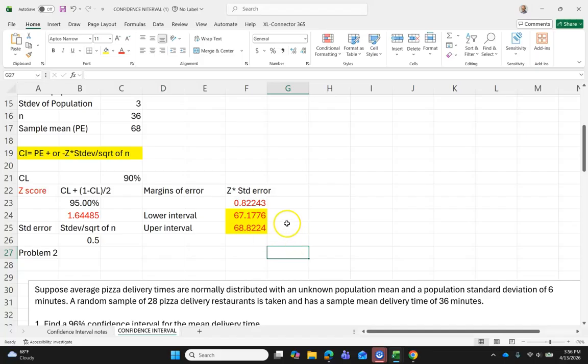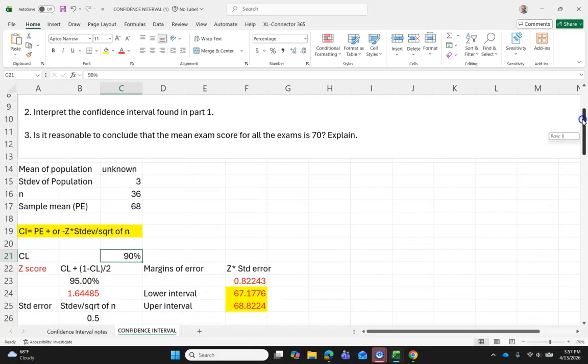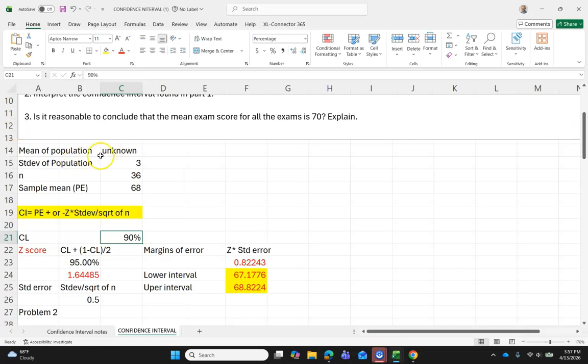So in this case, we know that with a 90% confidence level, the mean of the population, which is unknown, will be between 67 and 68.8224.